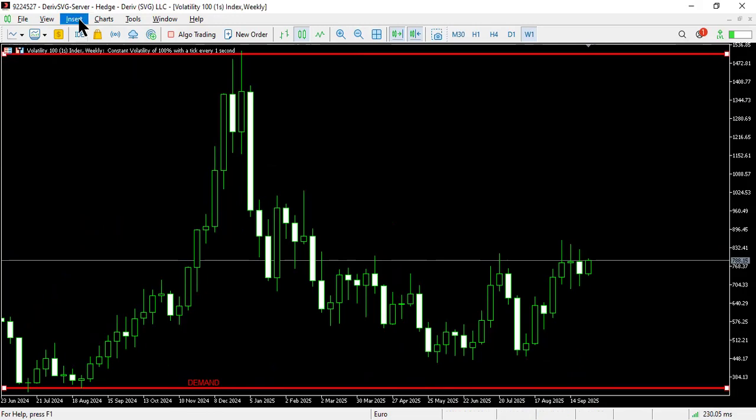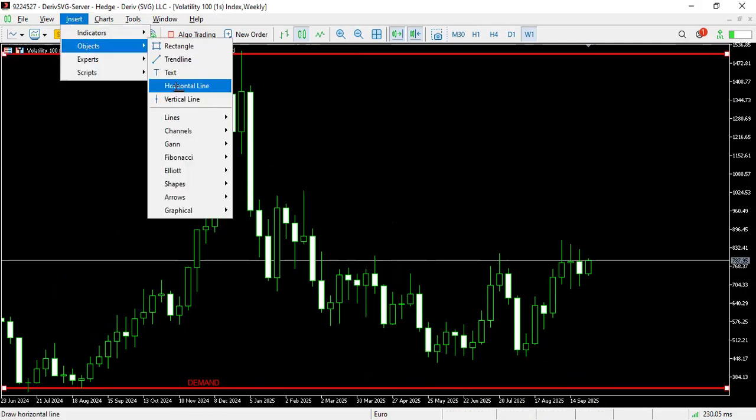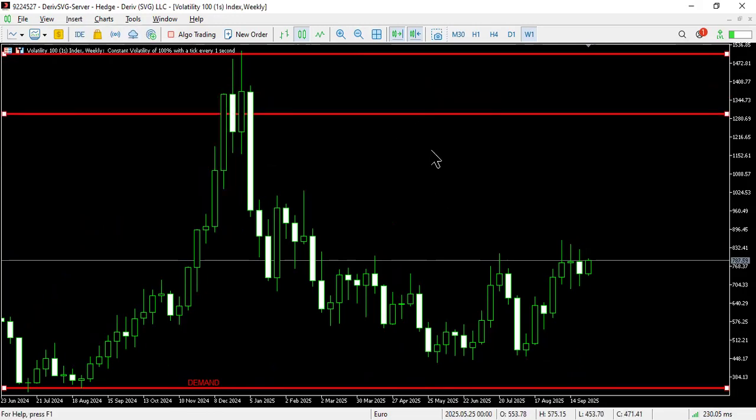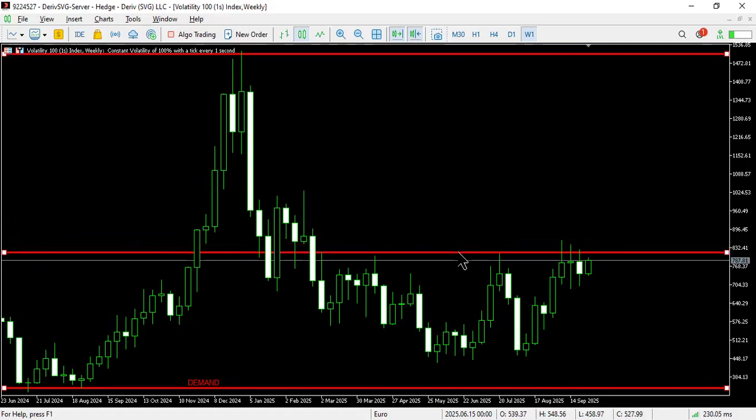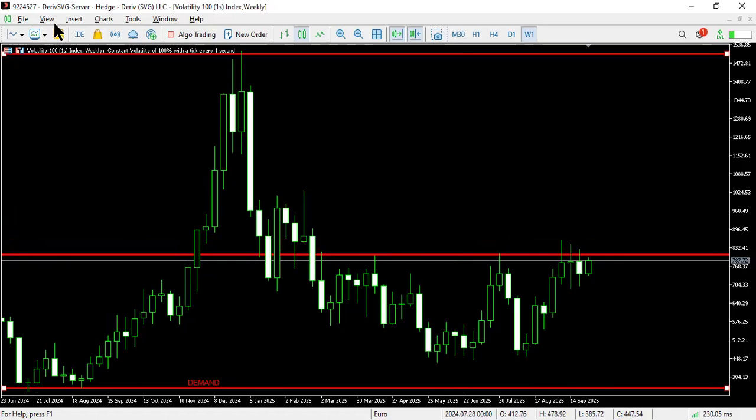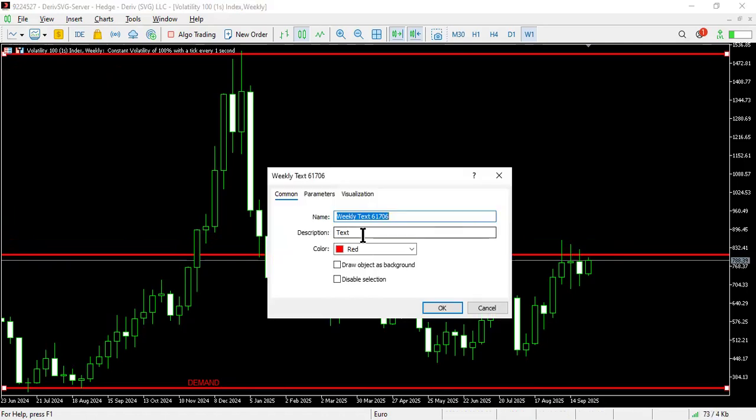And then right here we have this resistance where price has been bouncing off. So that is a resistance level.